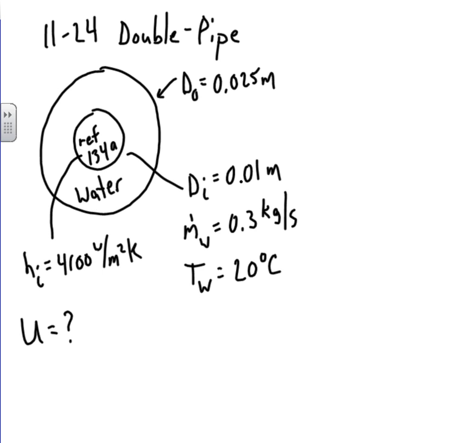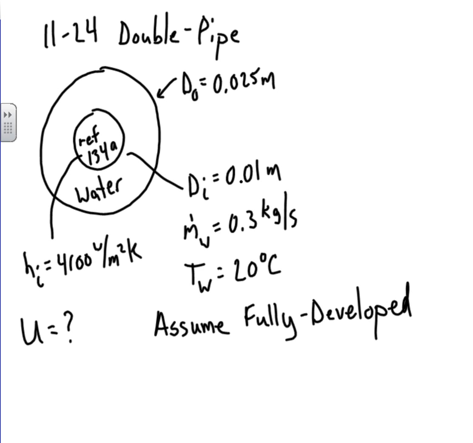Okay, so let's get started. First thing is we are going to have to assume that we have fully developed flow, so both hydrodynamically and thermodynamically developed. So we're not going to worry about any entrance region effects. The problem statement tells us that it is a thin-walled tube.